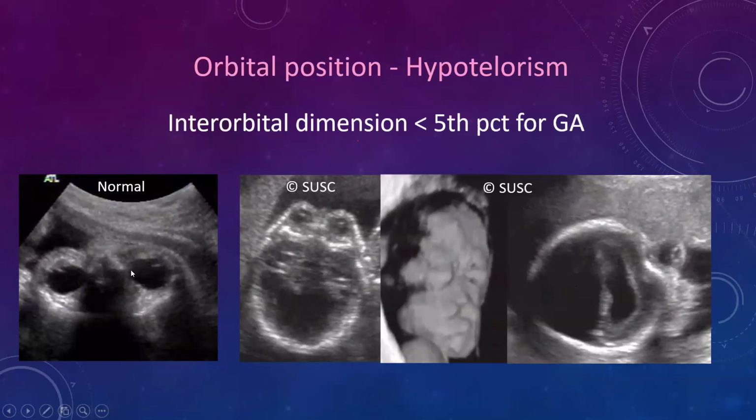When you are seeing the orbits too close together, you call it hypotelorism. Here the interorbital distance is less than 5th centile for gestational age. Again, it can occur in a median cleft face syndrome associated with holoprosencephaly, where the two orbits can even be touching each other, and of course the distance is very, very less.